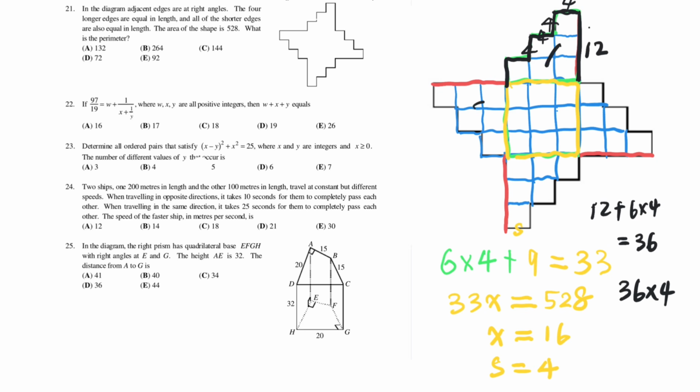That's 4 times 6, 24, 3 times 4, 12, plus carry 2, 144. So the perimeter gave us 144. The answer is C.